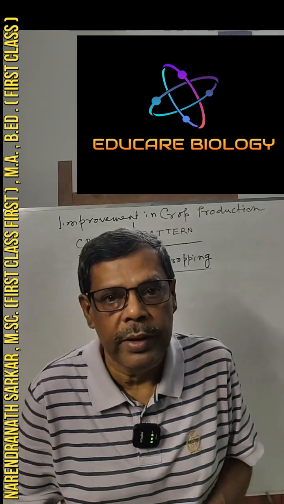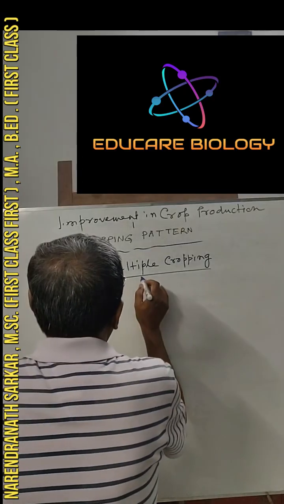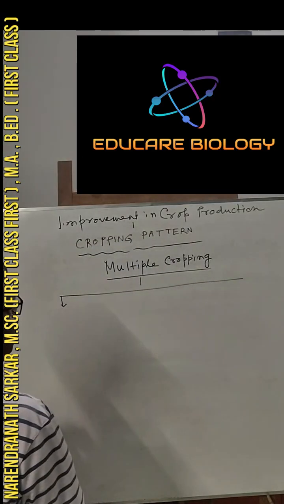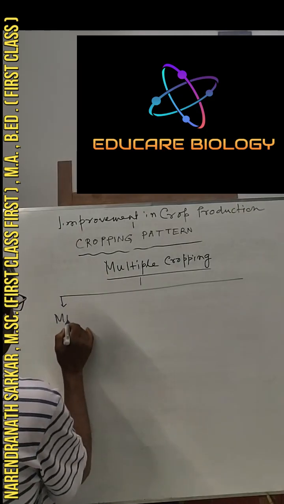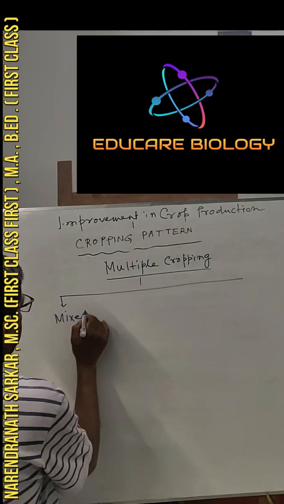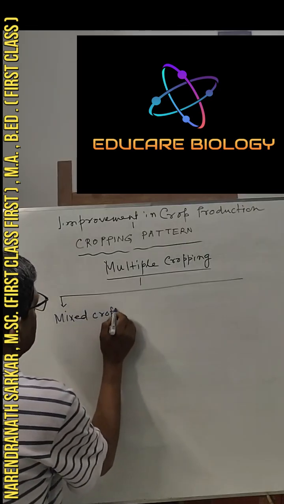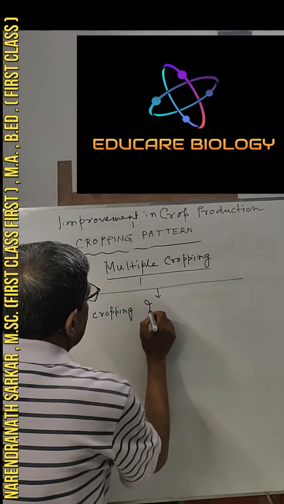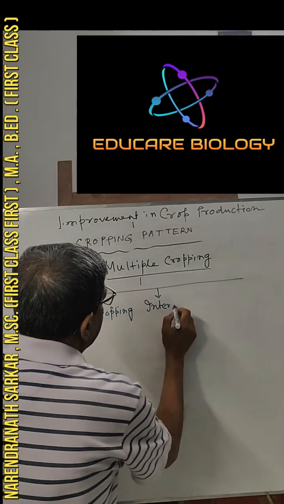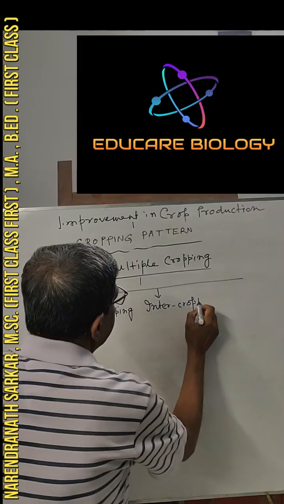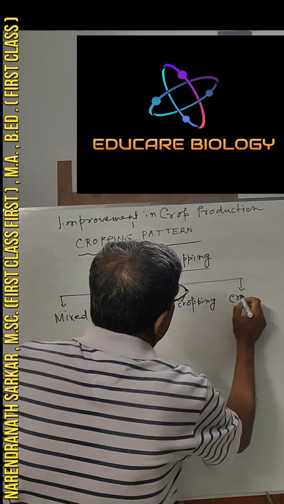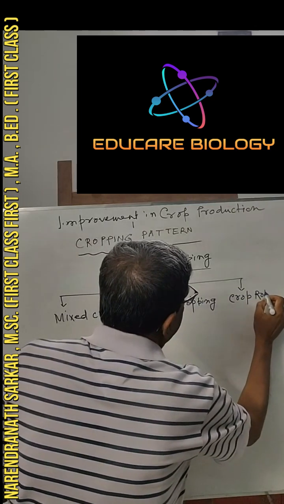This multiple cropping is divided into three types. First, mixed cropping. Next, intercropping, and third one is crop rotation.